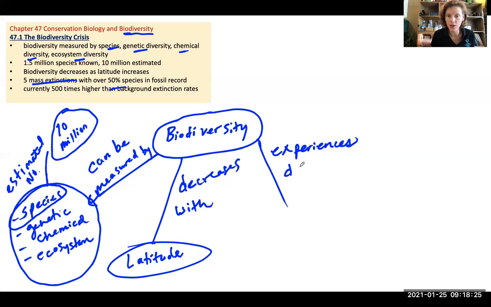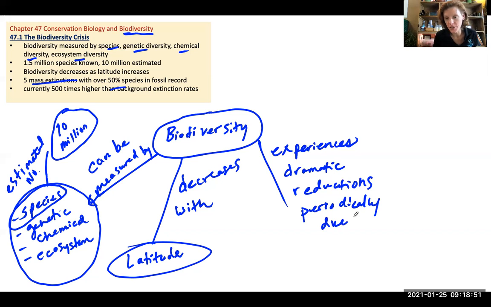A dramatic, or you could say significant, but significant is hard because in science, you don't want to use the word significance unless you're talking about statistics. So biodiversity experiences dramatic reduction periodically, right? Periodically.